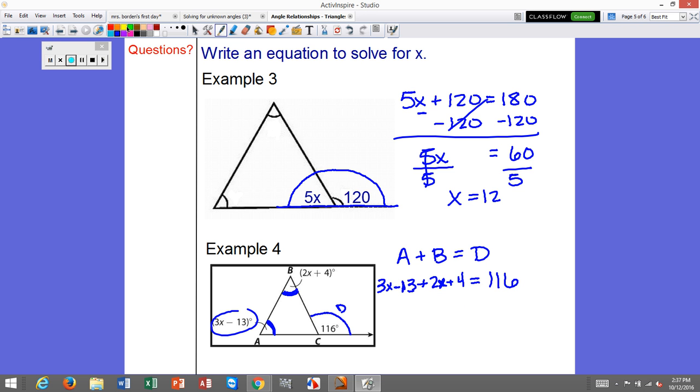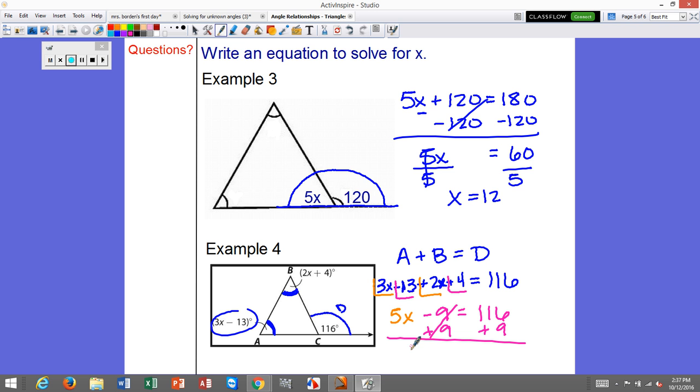So again, we're going to combine like terms. So our 3x and our 2x combine to give us 5x. And our negative 13 and our positive 4 will combine together to give us, let's see, negative 9, equals 116. So now I'm going to add 9 on both sides.